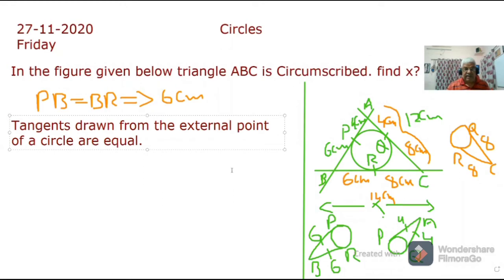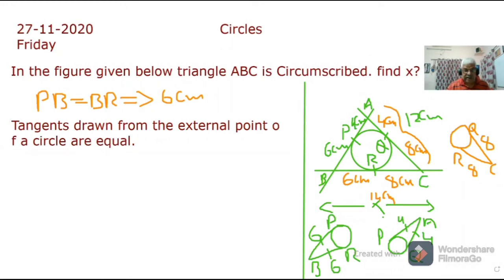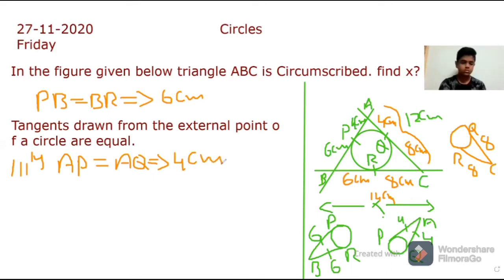Next, in the same way, similarly, AP is equal to AQ, which is equal to 4 centimeters. Okay, children. Next, the third one you have to write: the value of QC.